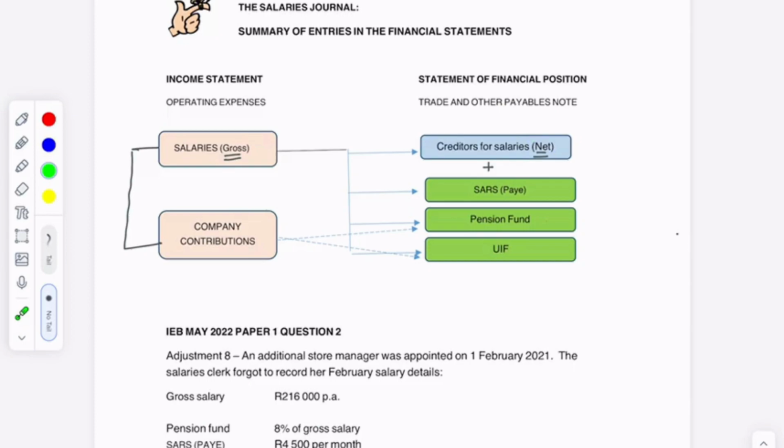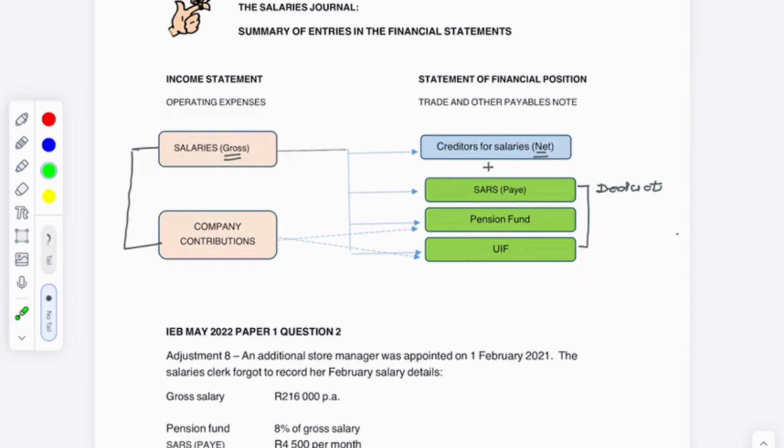Then, coming off of the salary, you've got the deductions, all the things that the employee has to pay. So, we've got these three deductions. And obviously, to calculate that, you would take your gross salary minus your deductions equals your net salary.